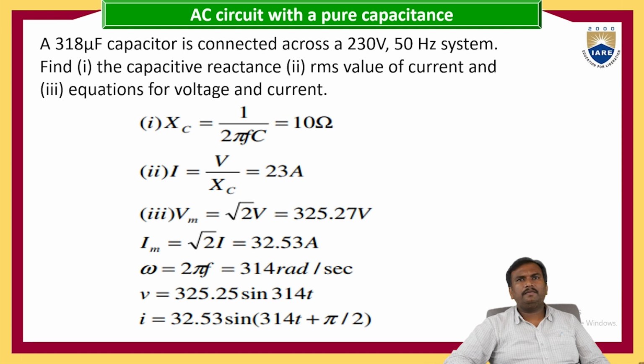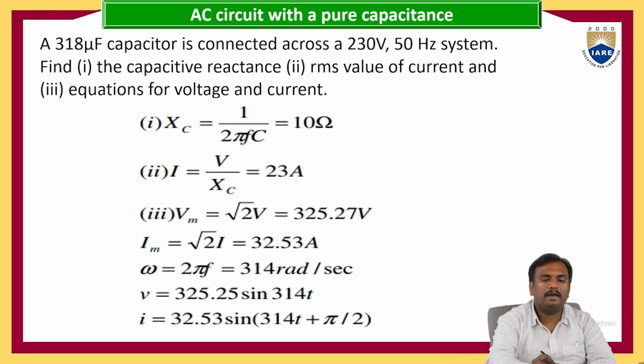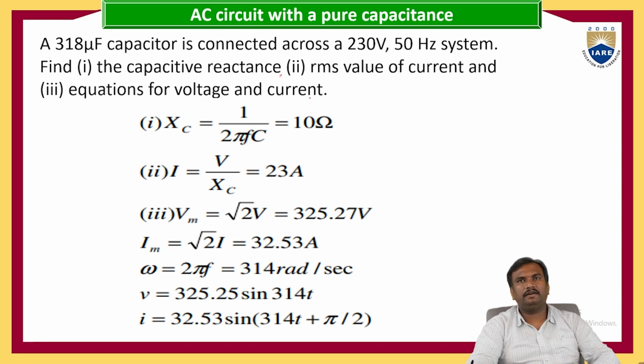Now in the same way we are going to calculate the capacitive reactance, RMS value, and equations for voltage and current. Here, a 318 microfarad capacitor is connected across a 230 volts 50 hertz system. Find the capacitive reactance, RMS value of current, and equations for voltage and current.